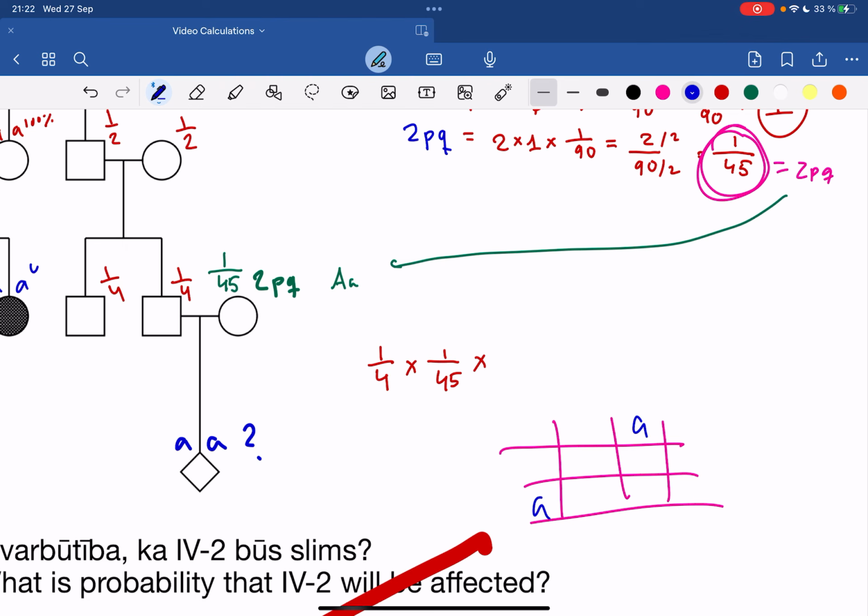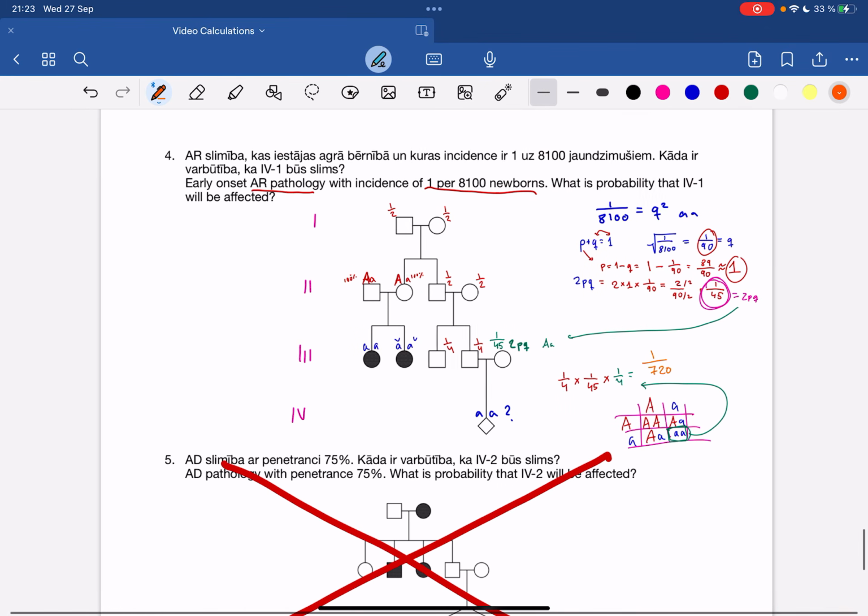Remember to always draw a Punnett square if you are not sure, because it's better. That's of course 1 out of 4 chance to be affected, meaning we have a final answer of 1 out of 720.